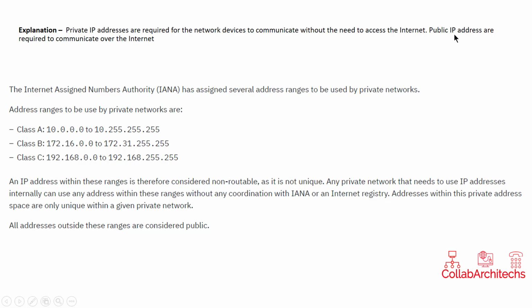But public IP addresses are required to communicate over the internet. Our question is asking about the private IP address, and these are the class A, class B, and class C IP addresses assigned by IANA, and our solution range is in the class B.